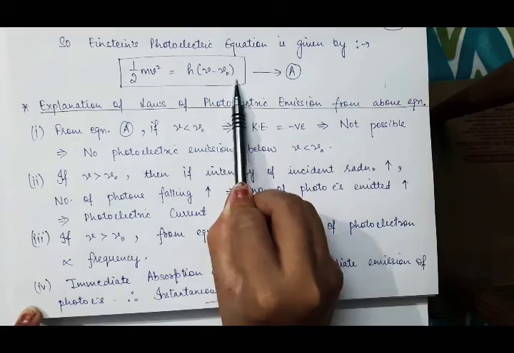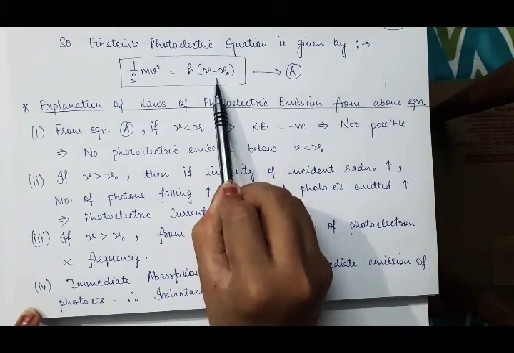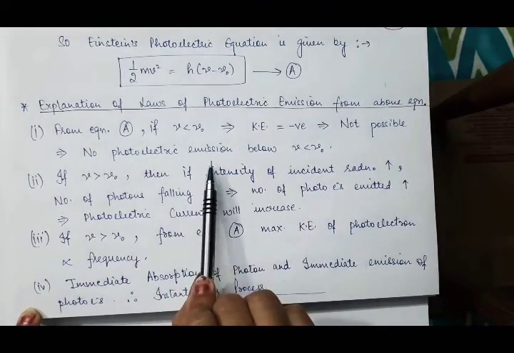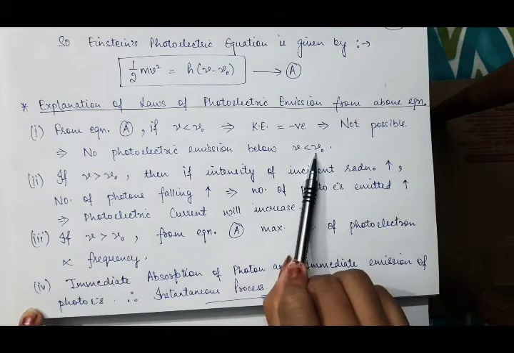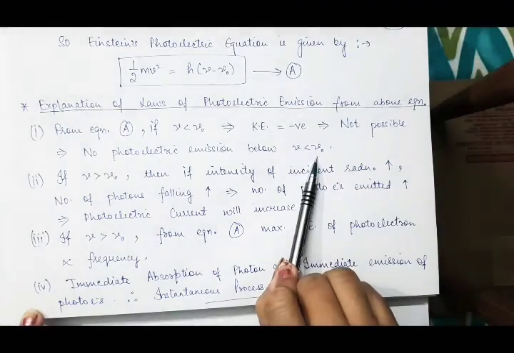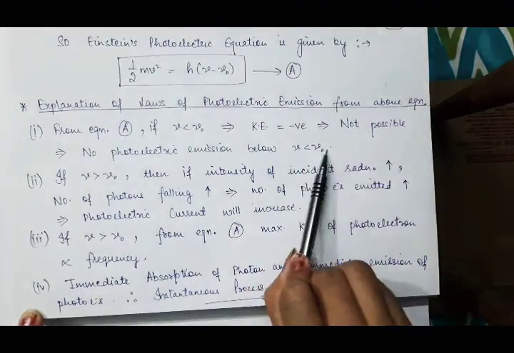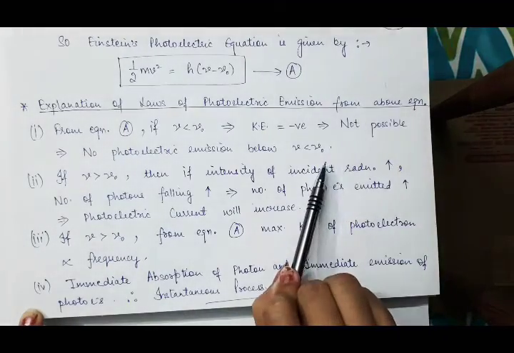It means the kinetic energy of the emitted electron would be negative, which is not possible. It means no photoelectric emission is possible below nu equal to nu naught. If nu is less than the threshold frequency nu naught, there will be no photoelectric emission.